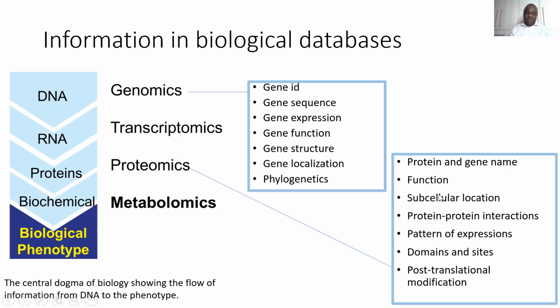For proteomic information, specifically looking at the protein, we have the name of the protein, the gene that is responsible for that expressed protein, the function of that protein, the location of that protein, and how the protein interacts with other proteins in the biochemical or signaling pathway within the cell, the expression level, the domains, and the rest of them.